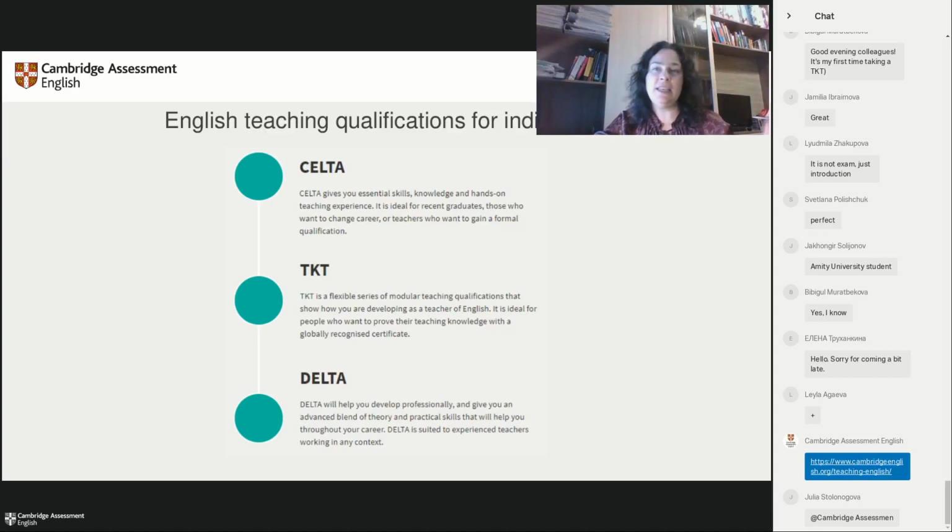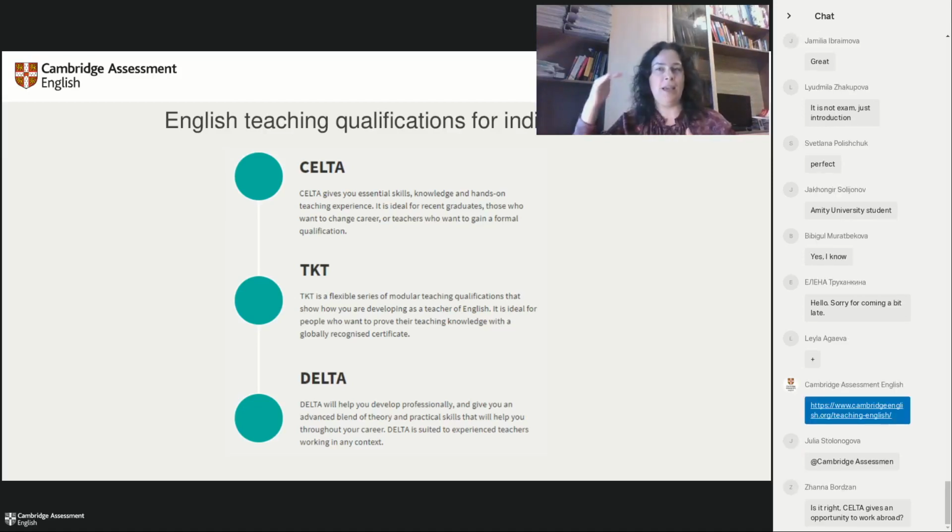In TKT you don't have to demonstrate your knowledge. You basically tick the right boxes, you choose the right answers. It's easier to take it. It's well recommended to start with TKT, and then when you're ready and you are really confident, when you are moving from proficient to expert levels, probably you will be ready for this experience.